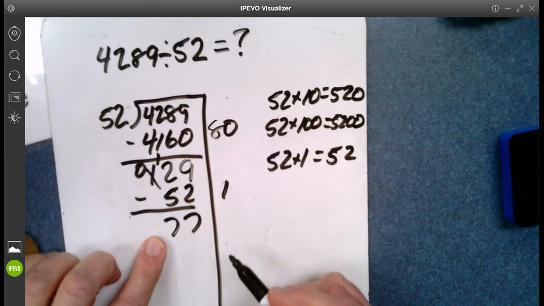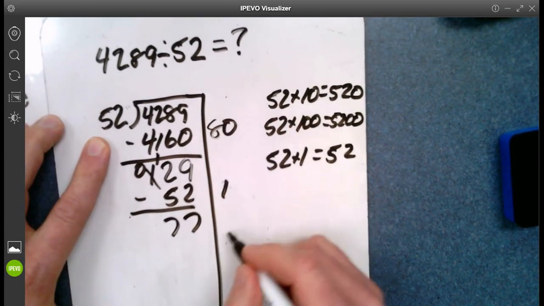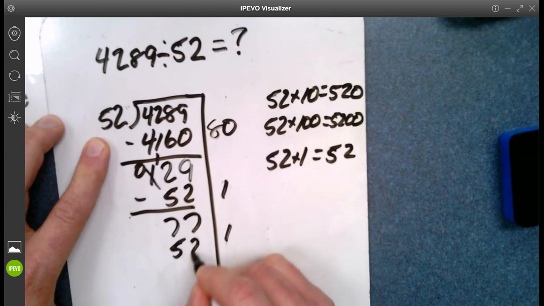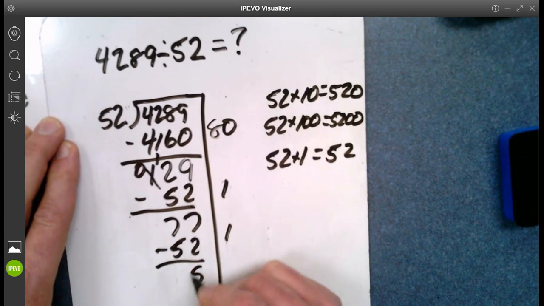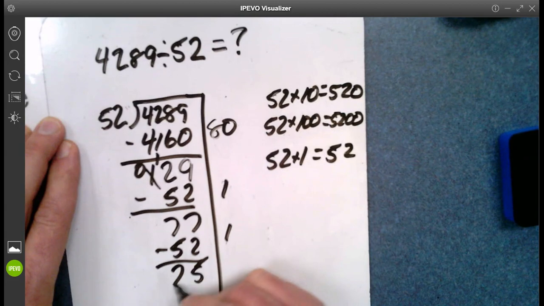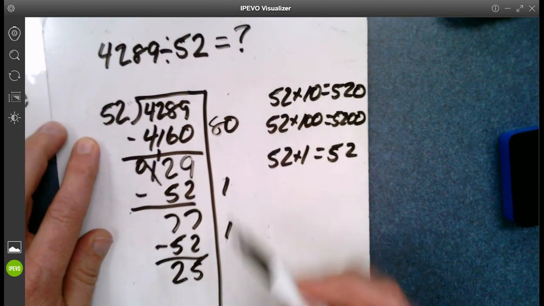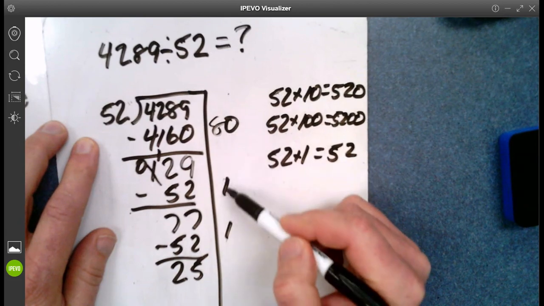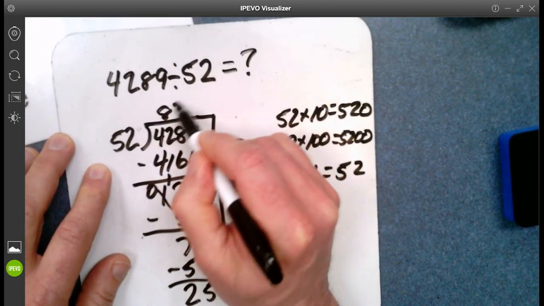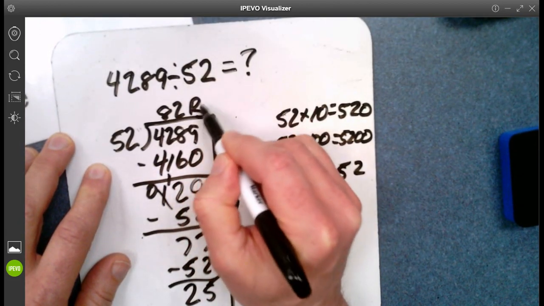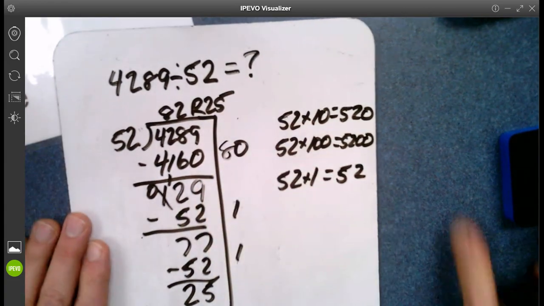I can do another 52. This number is bigger than that. So now I'm going to subtract. 7 minus 2 is 5. 7 minus 5 is 2. And I'm done because this number is less than this. So I add my partial quotients, 80, 1, 82. I think my answer is 82 remainder 25.